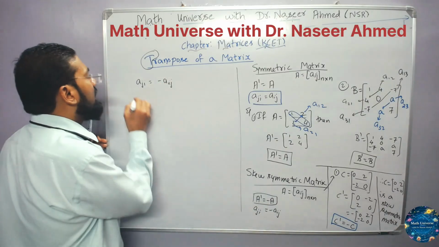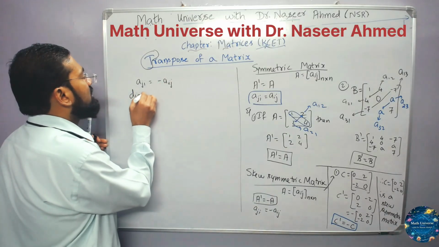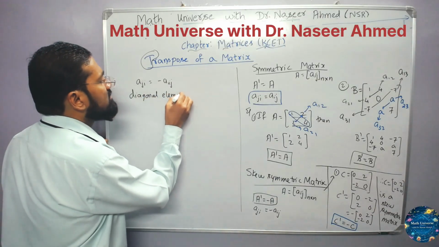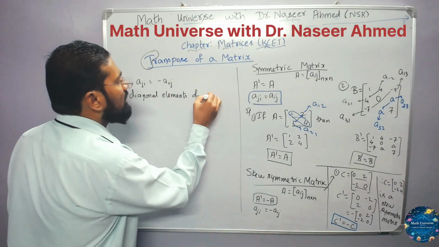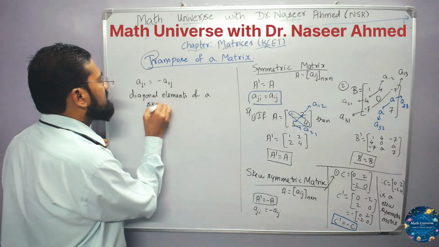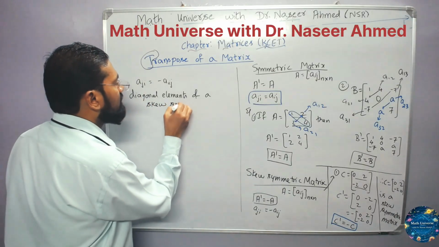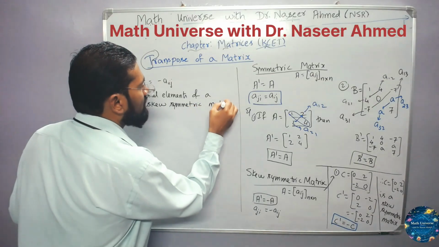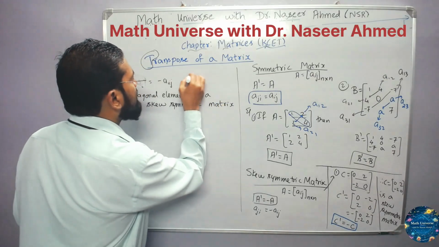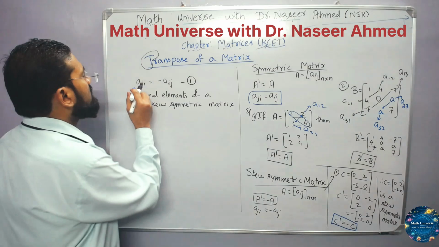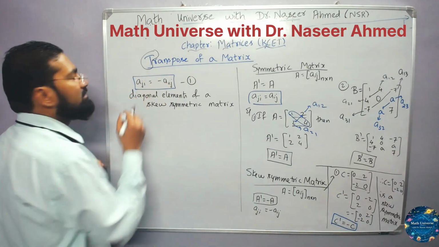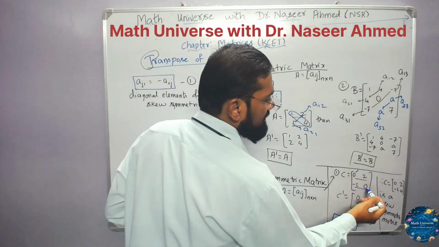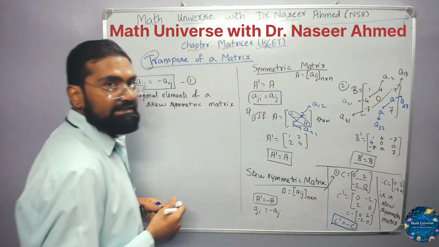Now, since I am talking about the diagonal elements of a skew symmetric matrix, I take this as equation number 1. Now for diagonal elements, we know that the index should be the same. As you can see here, this is A11, this is A22. So i and j should be the same.